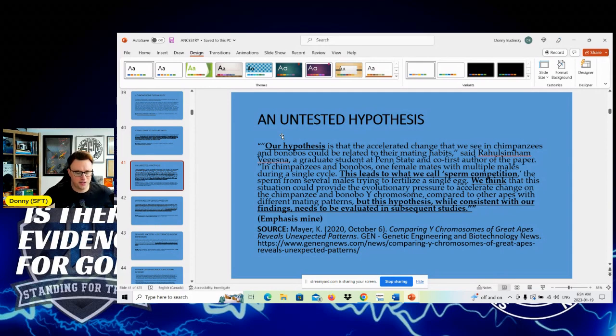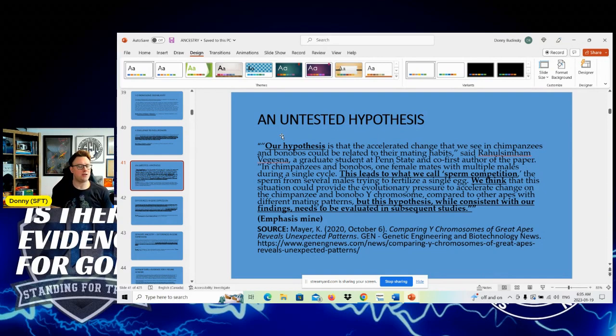Our hypothesis, and then they get into possible factors that can contribute to these massive differences. Again, that is a ton of differences. Massive gene loss, massive gene reorganization, so many novel changes that involve loss in just the 6 to 10 million years since the split.